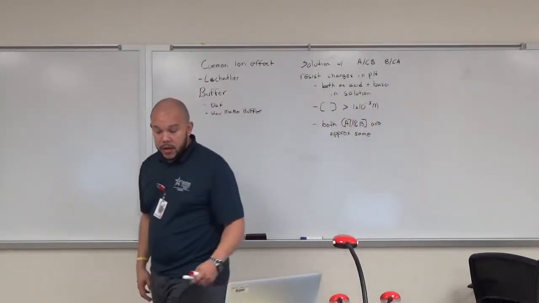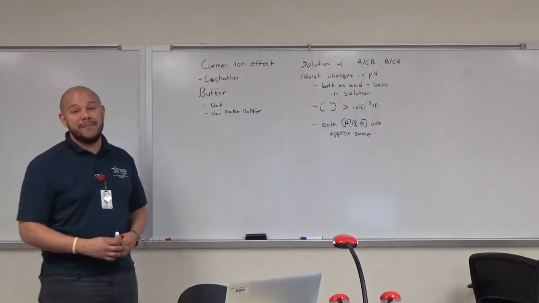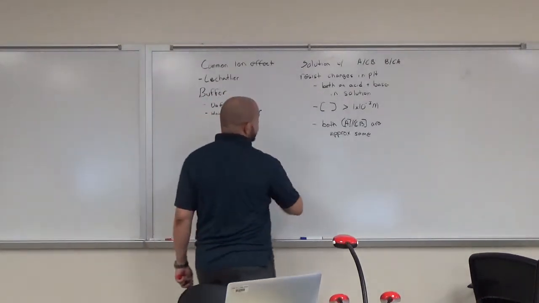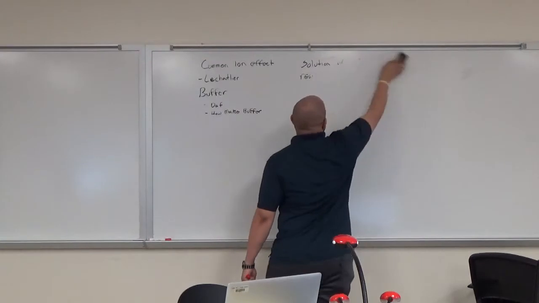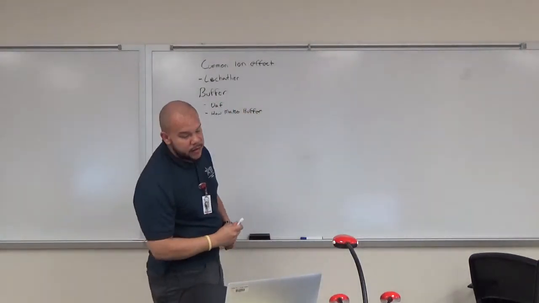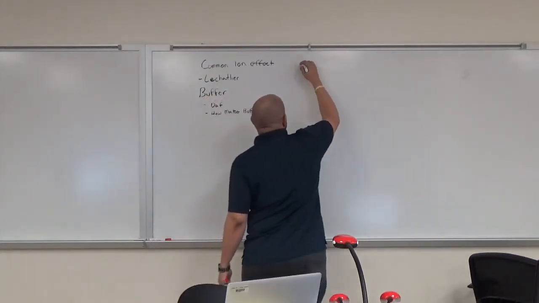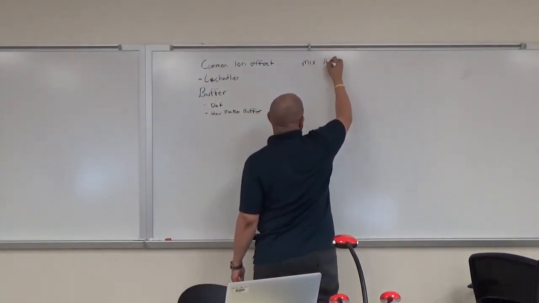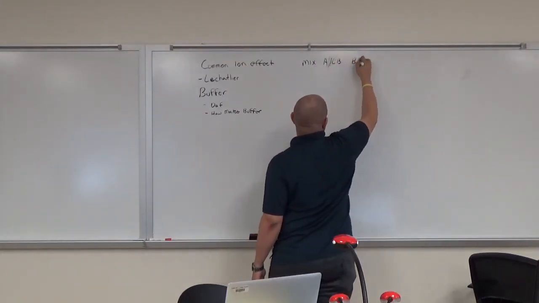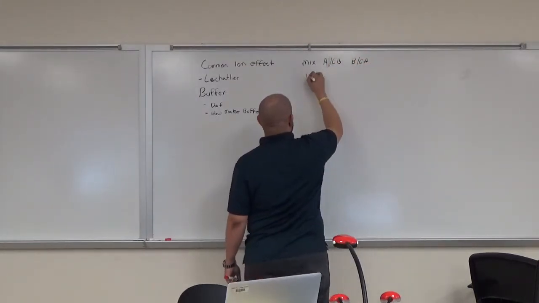Now, there are 2 ways to make a buffer, right? There are 2 ways to make a buffer, and we have problems associated with both of these, but the 2 ways to make them is to mix the acid with the conjugate base or base with conjugate acid in solution.